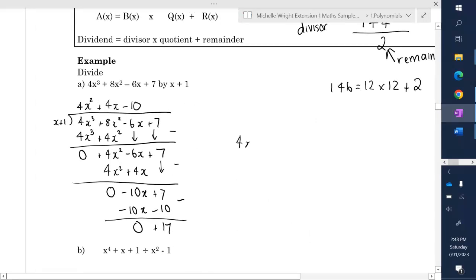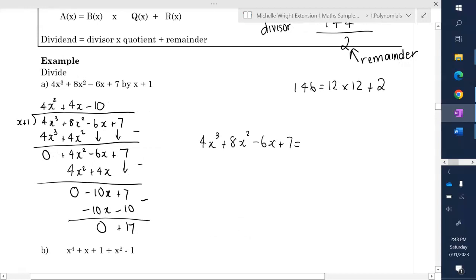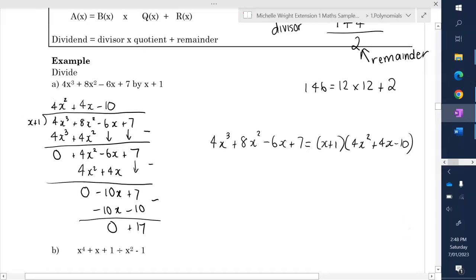So I'm going to say that my 4x cubed plus 8x squared minus 6x plus 7, which was the polynomial or the dividend underneath my divided by sign, is equal to my divisor, which is x plus 1, times my quotient, which is the part that I've worked out at the top, plus a remainder.